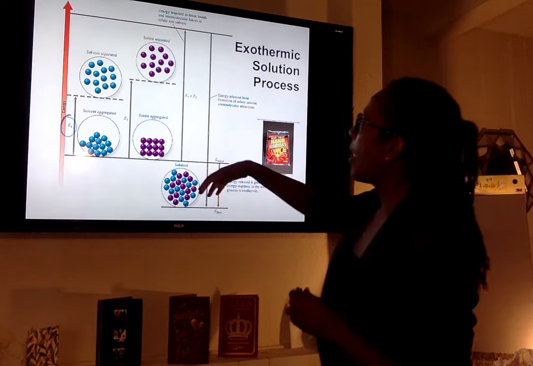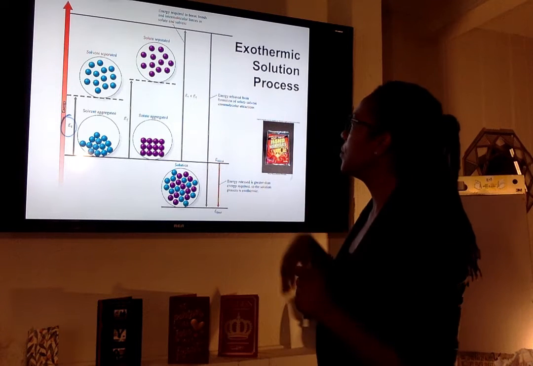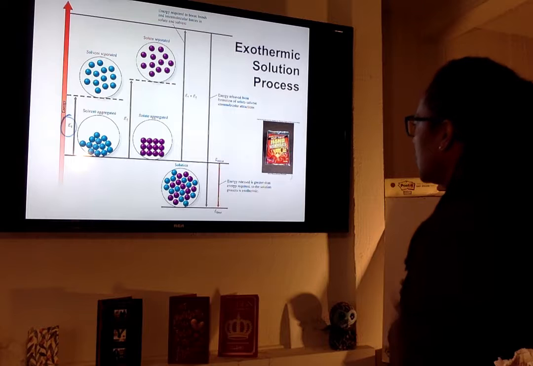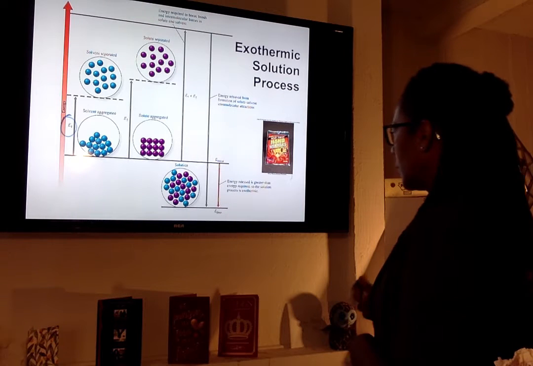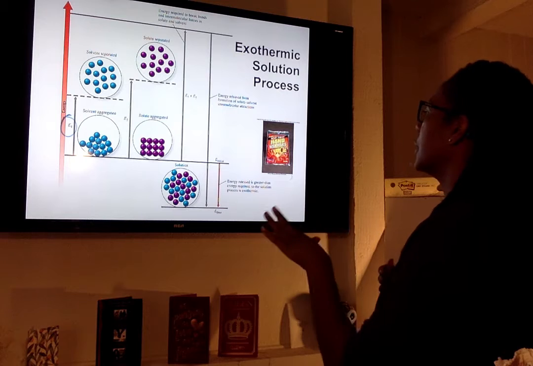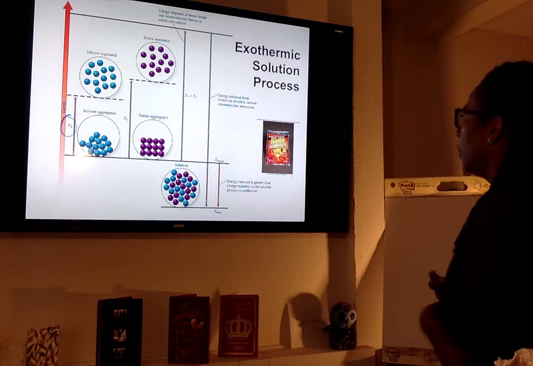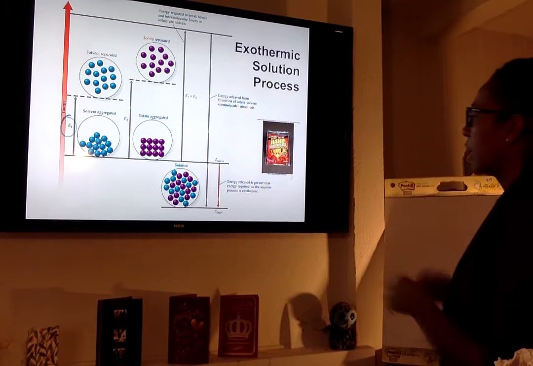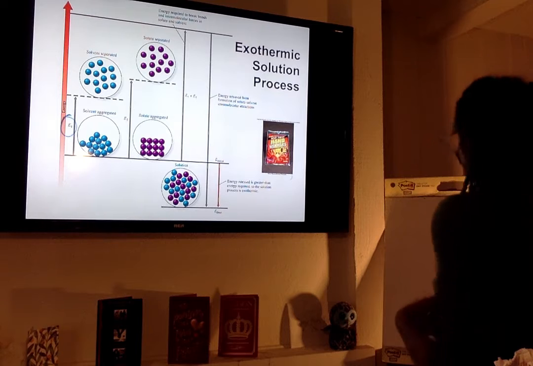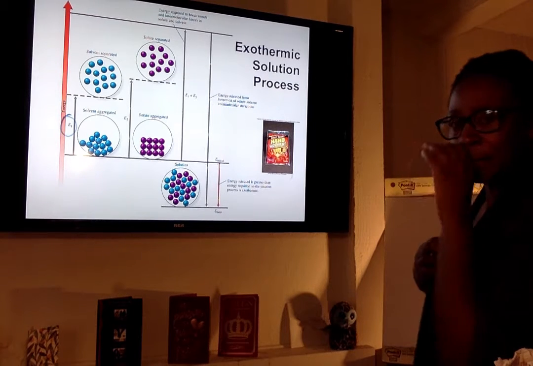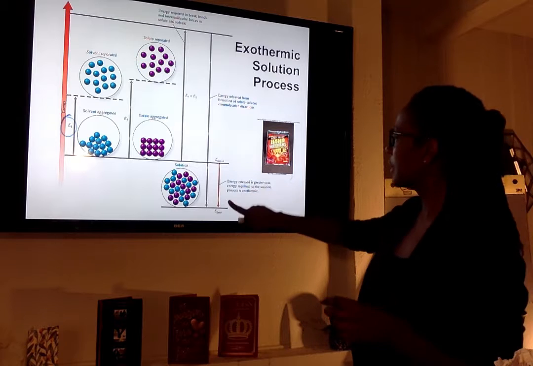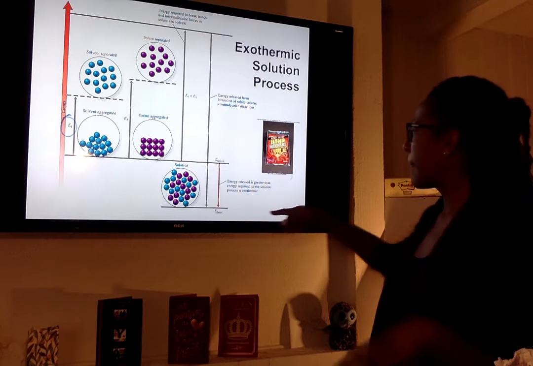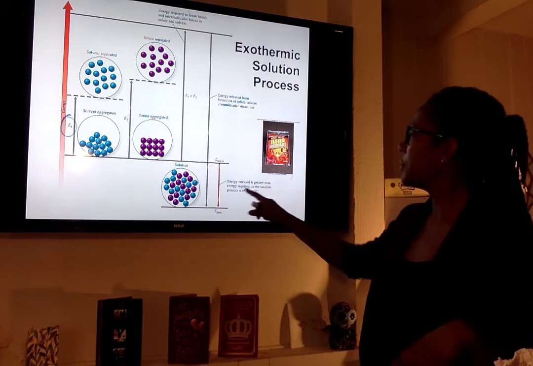So basically, the energy released is greater than the energy required.